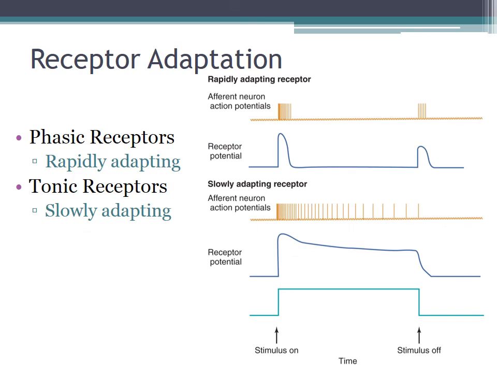Now, one of the things that's important to talk about with sensory systems is this idea of receptor adaptation. Because some sensory receptors are known to rapidly adapt to a constant stimulus. Some receptors are known to slowly or never adapt to a constant stimulus.